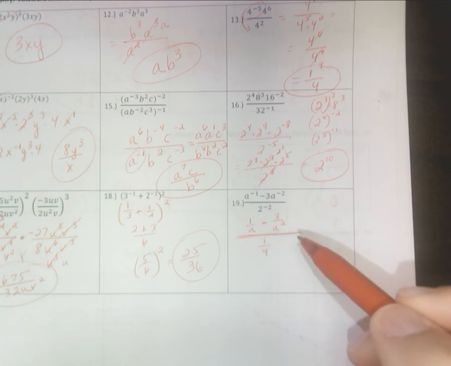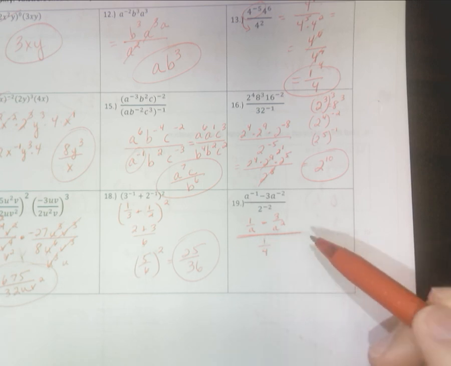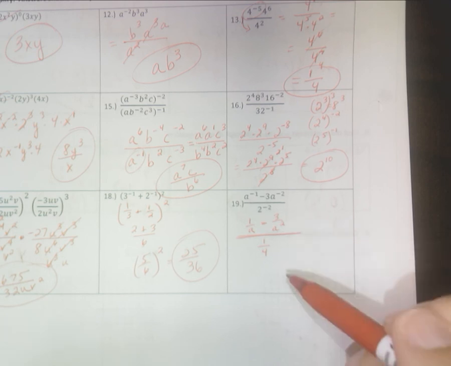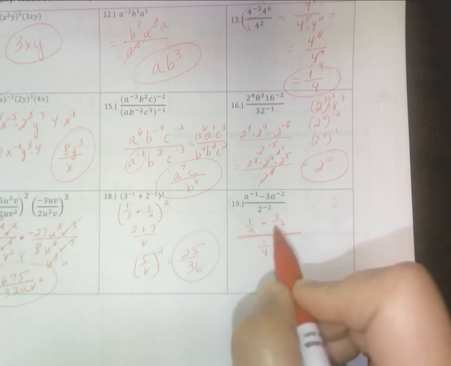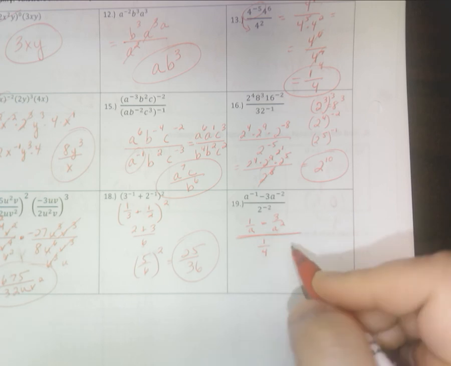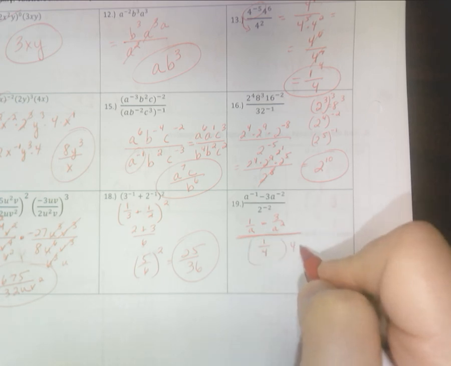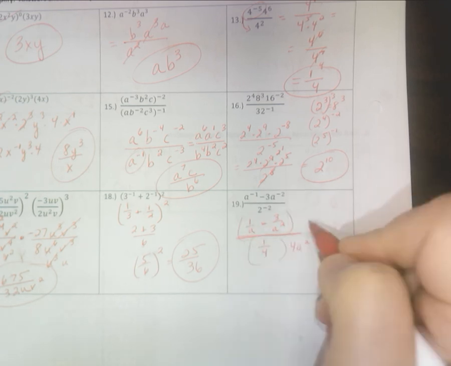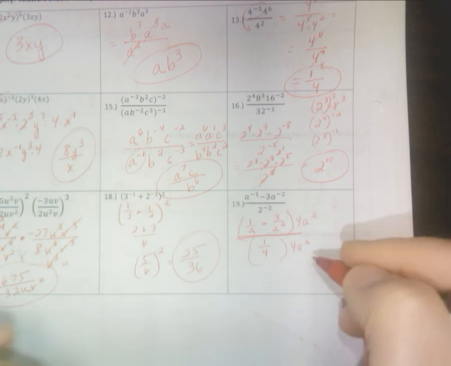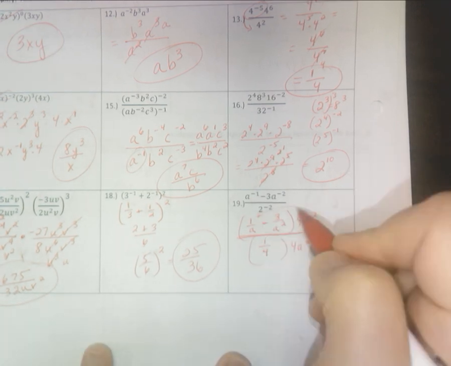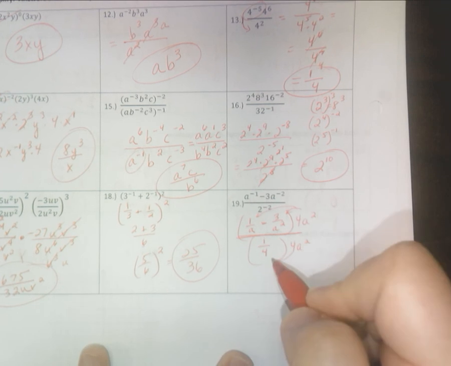And the easiest way to clean up a fraction within a fraction is find the common denominator from both the top and the bottom. So I see a 4 and an a squared would be the common denominator. So I multiply this by 4a squared, and I multiply this whole thing by 4a squared. Whatever you do to the top of a fraction, you can do to the bottom. So let's distribute that and see what happens.